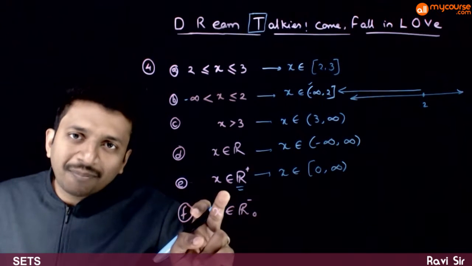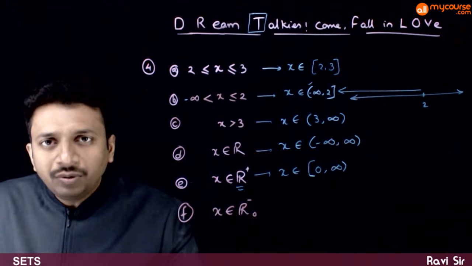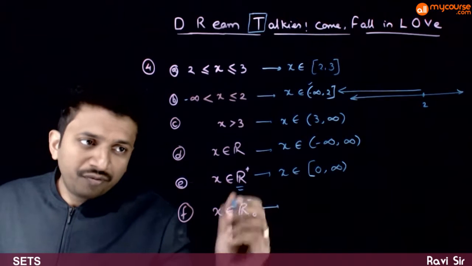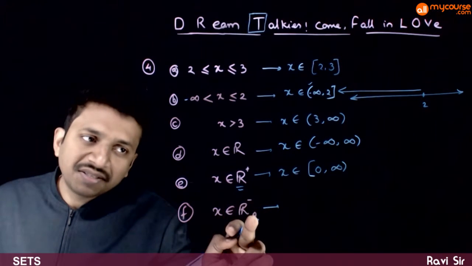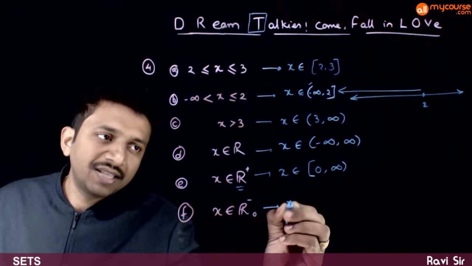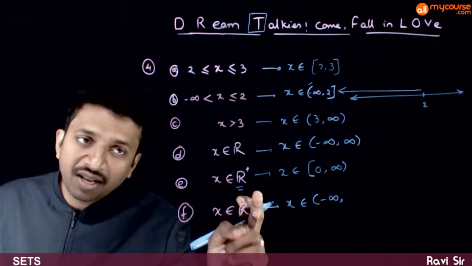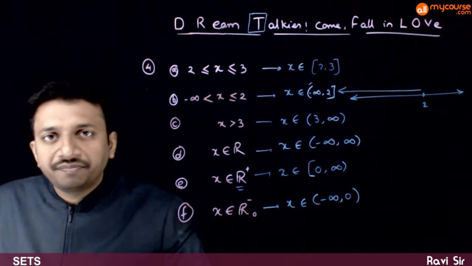So whenever you write R plus, that means you're talking about closed 0 to infinity. And if you don't want to include 0, we usually write it below. R minus except 0, that is negative real numbers excluding 0, x belongs to minus infinity to open 0.